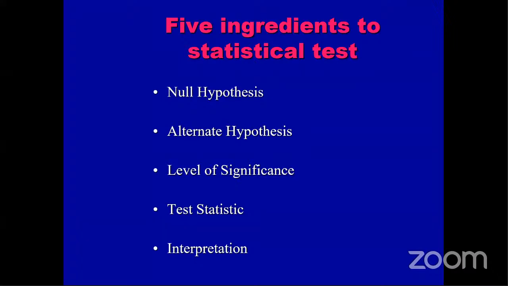We are accepting 95 bulbs. If in 100 bulbs 5 have failed, there is no problem, we are going to accept the complete item. So 95% will come. If you want to fix that, you can also do that.